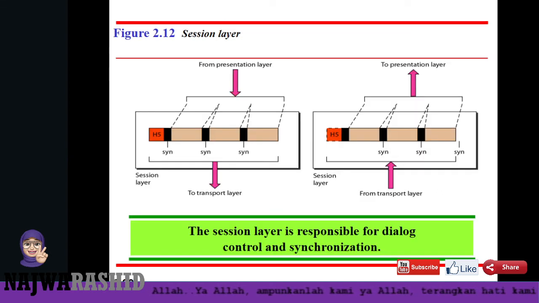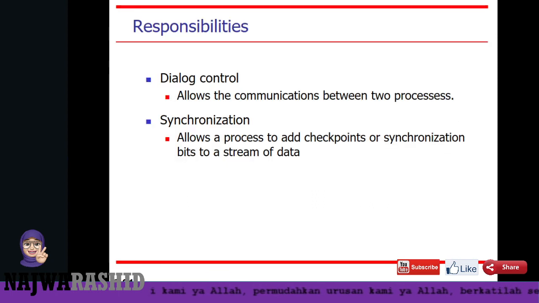The next part we have is the session layer. The session layer is responsible for dialog control and synchronization. Dialog control allows communication between two processes. Synchronization allows the process to add checkpoints or synchronization bits to a stream of data.